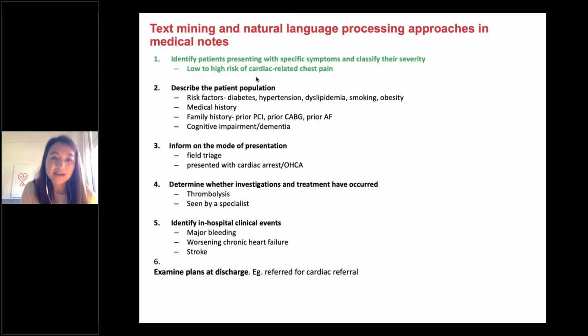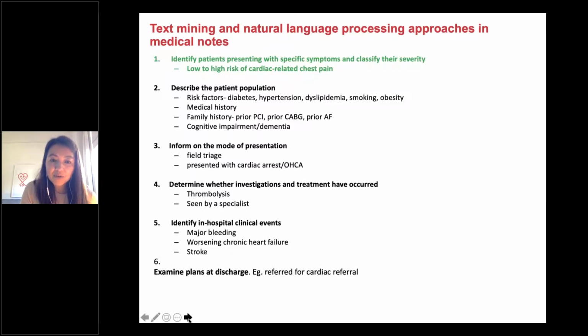The use case I talked about identifies a cohort of patients with presenting symptoms. But we also want to describe the patient, their risk factors and medical history, inform on the mode of presentation, understand what happened to them while they were in hospital, identify complications and examine plans at discharge. Some of these things are really only measured in the clinical documentation.